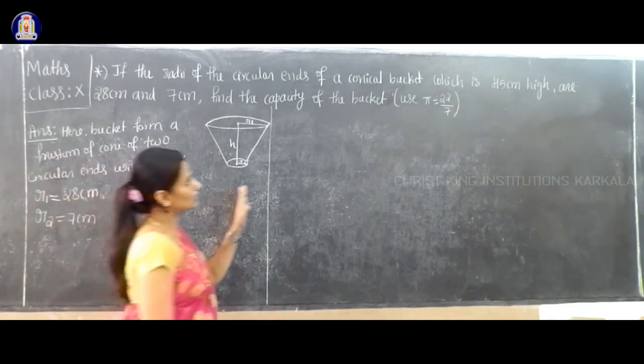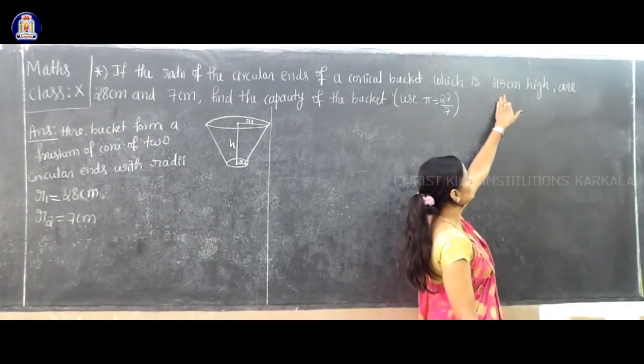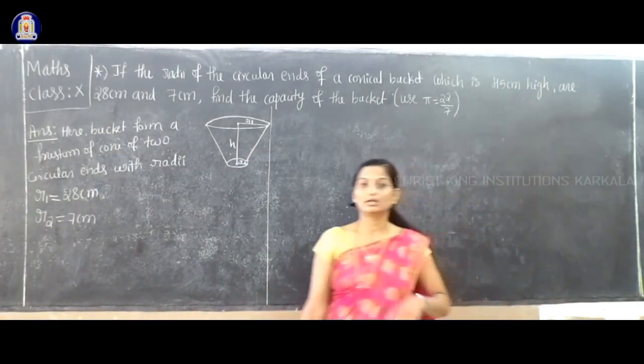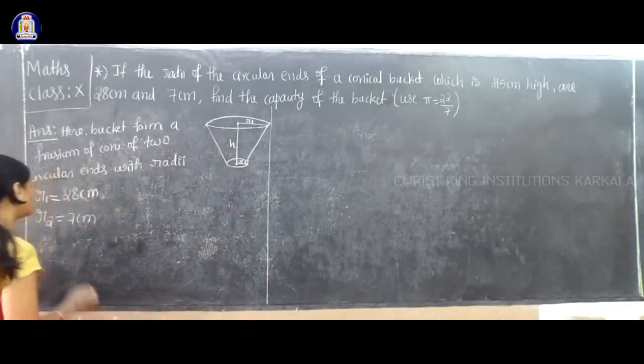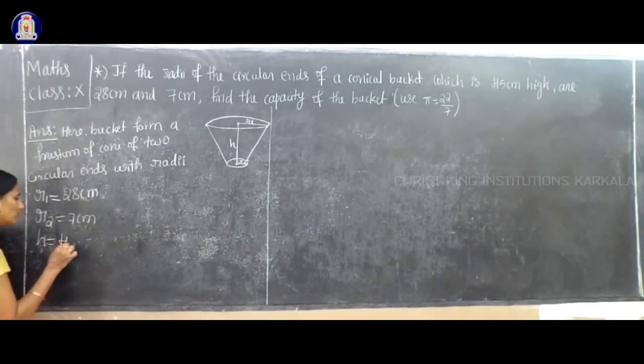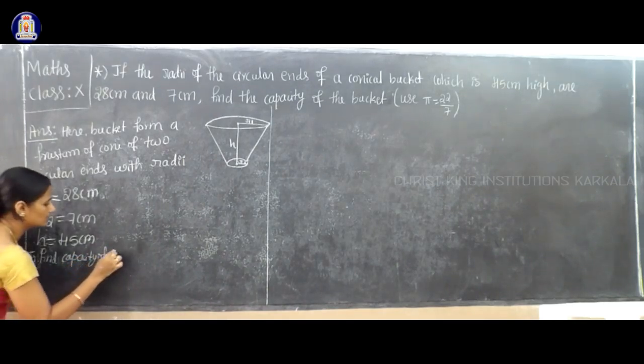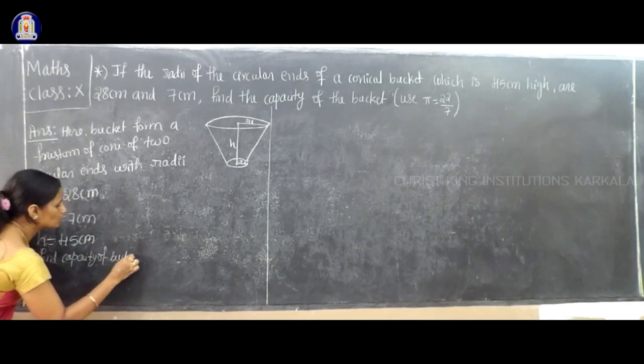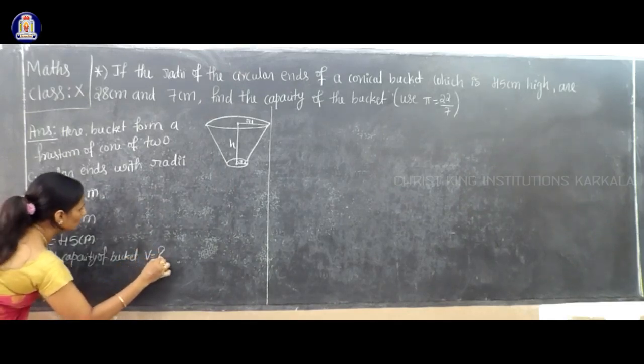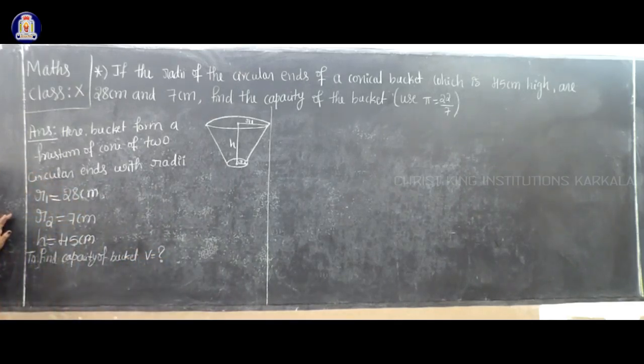Next, what is this 45 centimeter? 45 centimeter high means h is equal to 45 centimeter. To find the capacity of the bucket, V is equal to question mark.